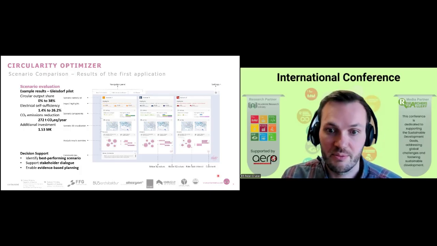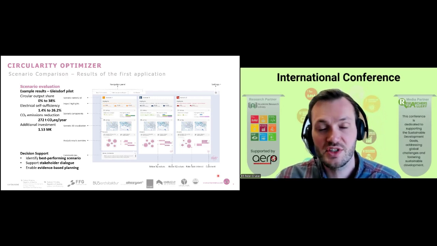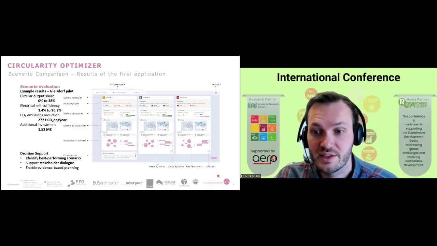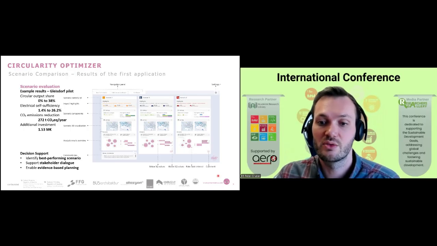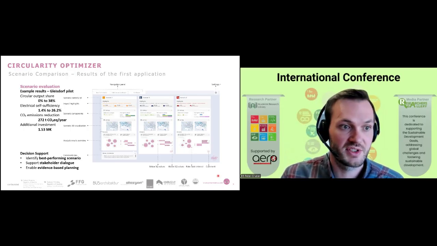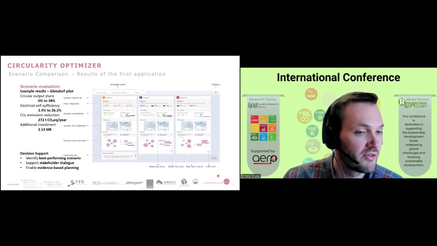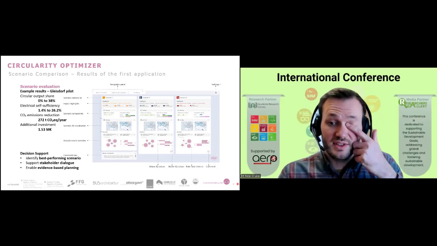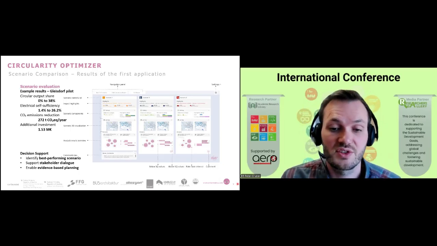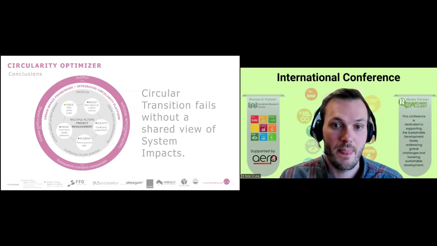At the same time, the system reduces emissions by approximately 227 tons of CO2 equivalents per year, while requiring additional investments of around 1.5 million euros in infrastructure and technologies. These results demonstrate how the Circularity Optimizer supports a transparent evaluation and informed decision-making for circular urban development.